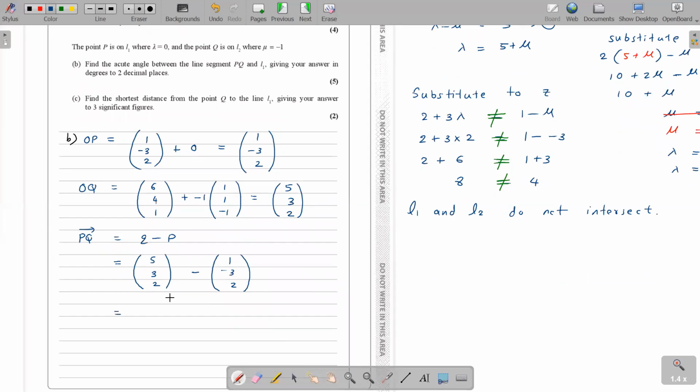So we get 5 minus 1 is 4, 3 minus minus 3 is 3 plus 3 is 6, 2 minus 2 is 0. So I get (4, 6, 0) for PQ.